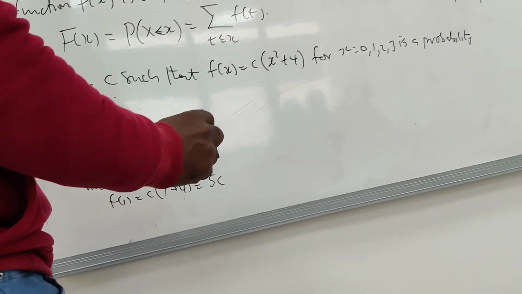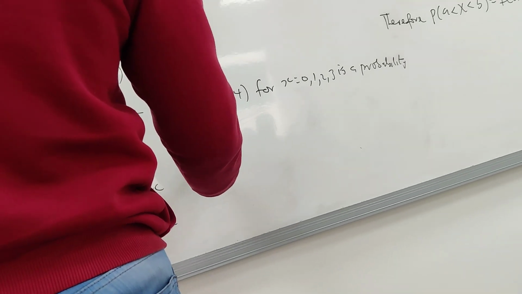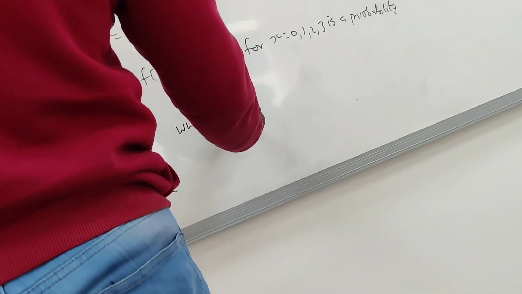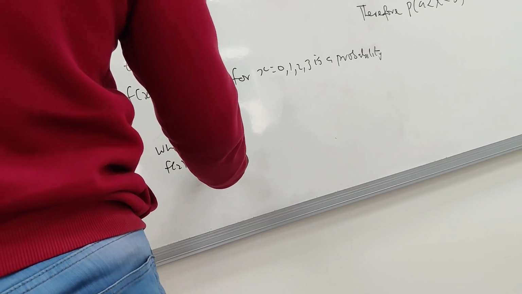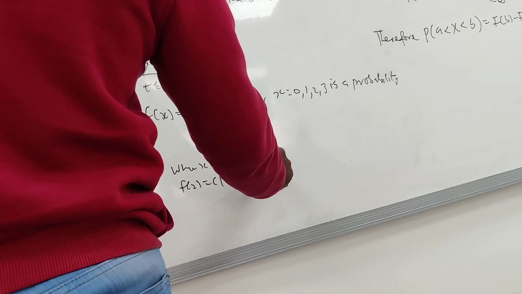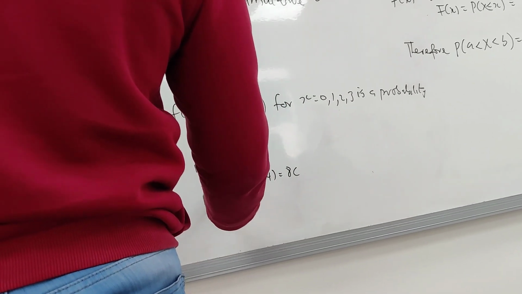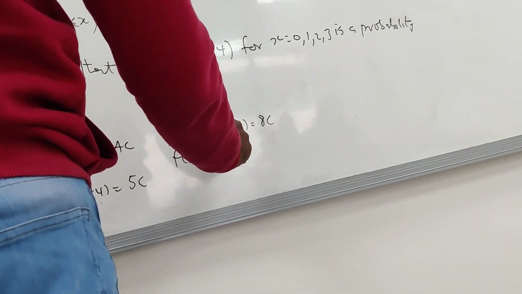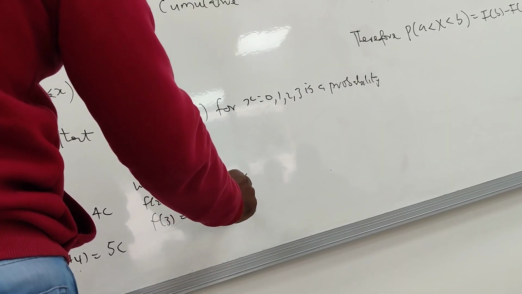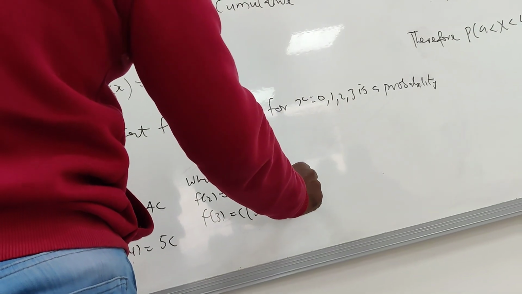Similarly, we continue for other values. When x is equal to 2, f of 2 equals c into 2 squared plus 4, which is equal to 8c. And when x is equal to 3, we have c into 3 squared plus 4, which is equal to 13c.